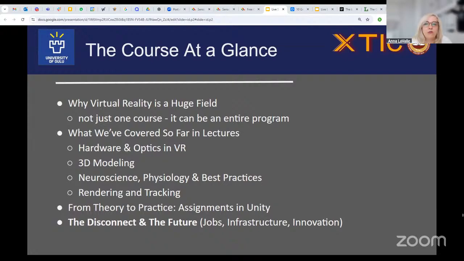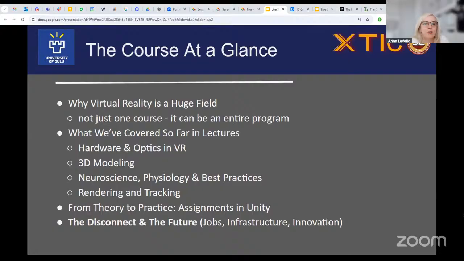So first of all, you've been tasked with hands-on development in Unity, like the room assignment, right? And then you might feel a bit of disconnect between this big picture in lectures and the very limited exercises that we have for you in assignments. And I wanted you to reflect on that and realize that you're right. There is a big gap between what the VR community knows VR can be and the infrastructure we actually have today.